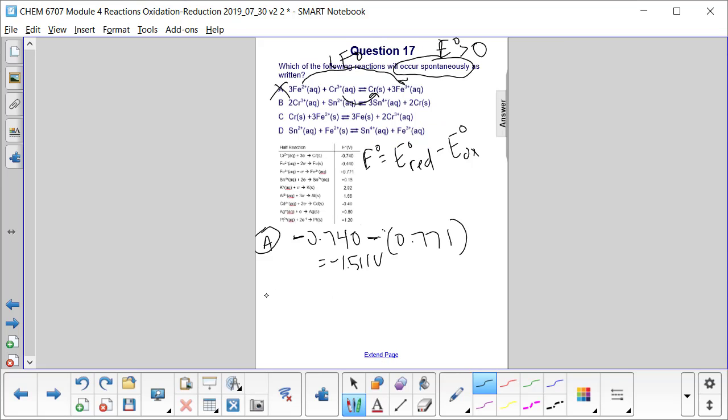Okay, answer choice B. Chromium 3 plus goes to chromium solid. So we go from 3 plus to 0. That's a gain of electrons or reduction, okay? So the reduction potential for chromium 3 plus to chromium solid, looking at the table, is minus 0.740 minus the other reaction, then is the oxidation, tin 2 plus, tin 4 plus, right here, minus 0.15.